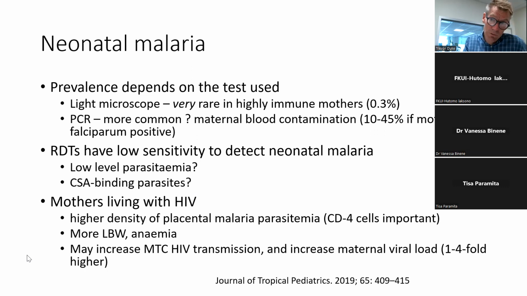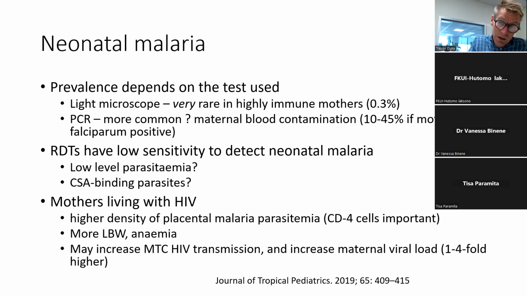And as I said about all of these viruses, there is an interaction between maternal HIV and malaria. And certainly if a mother has HIV, then she's likely to have a higher density of placental malaria parasitemia, because CD4 cells are quite important in the immunity to malaria. And she's more likely to have a baby that's got low birth weight and anemia.